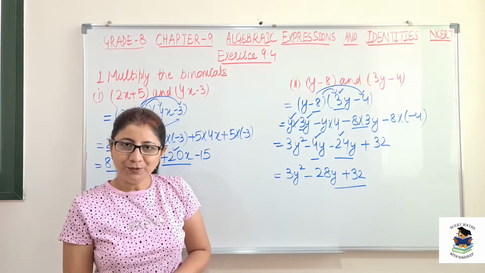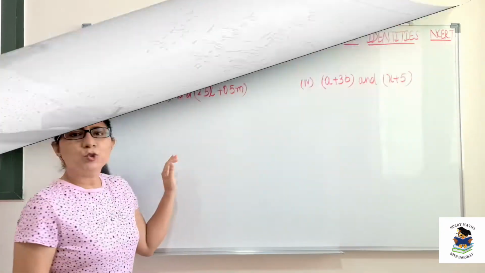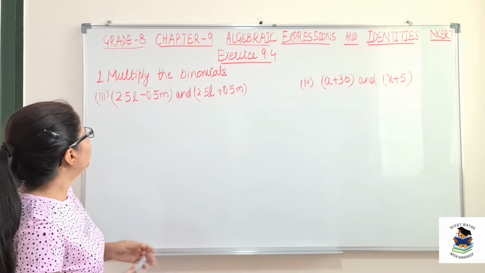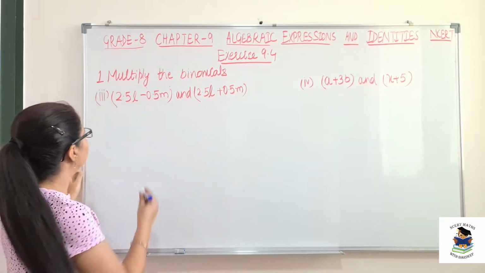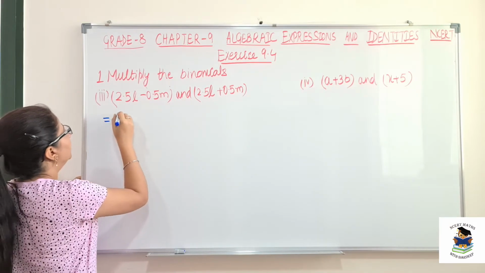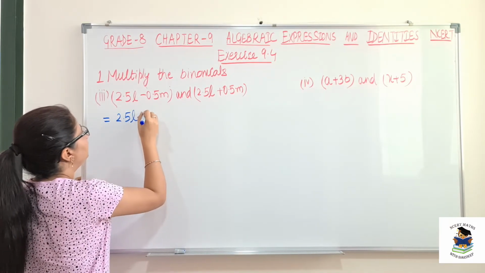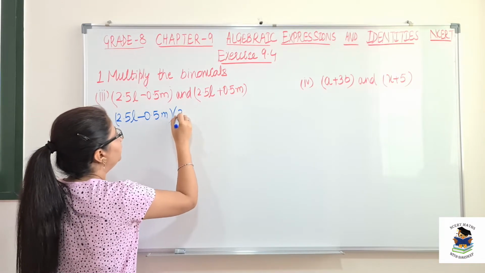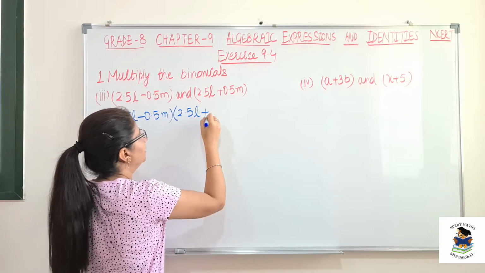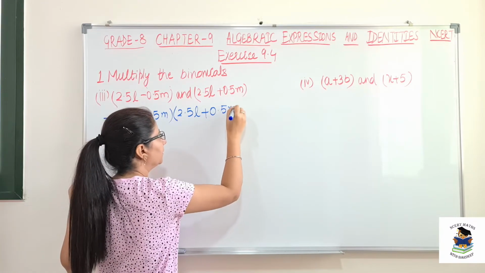Now let's move on to the third part. So this is our third part, that is 2.5l minus 0.5m should be multiplied with this binomial. So let's write it first. That is 2.5l minus 0.5m multiplied by 2.5l plus 0.5m.